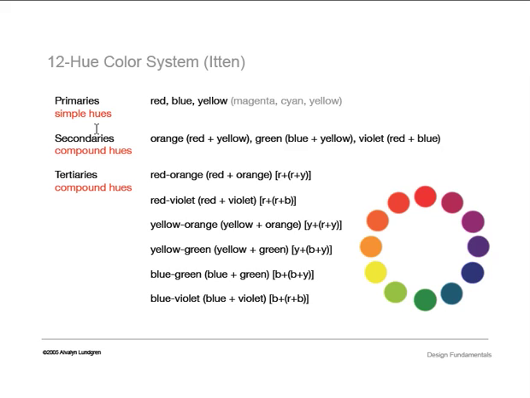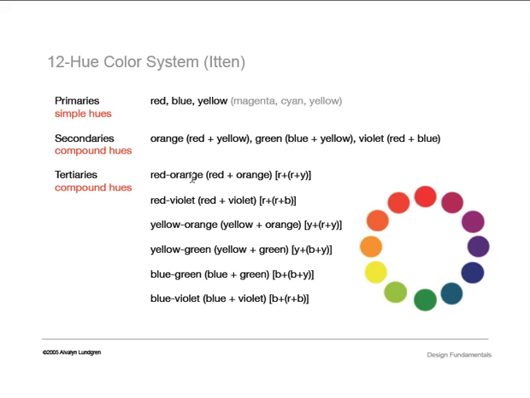Secondaries are a mixture of two primaries. In the 12 hue system, that's going to give us orange, violet, and green. And they're considered compound hues because they contain two primaries, two simple hues. Then if you mix a secondary with a primary, you end up with a tertiary.